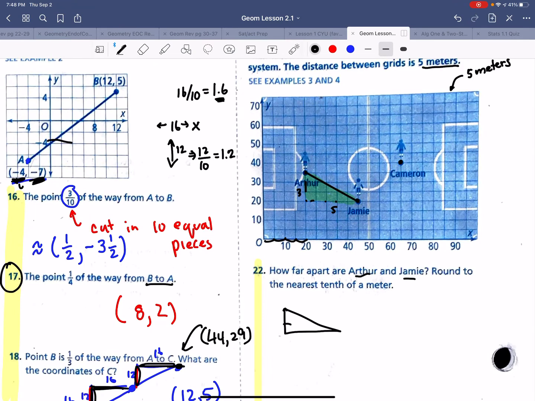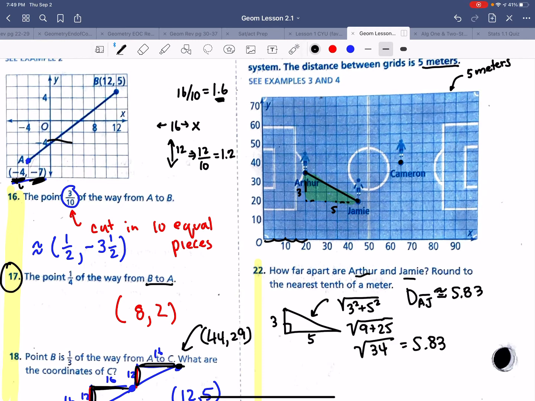So the distance between Arthur and Jamie has to be 3 squared plus 5 squared, and take the square root. So the square root of 34 is 5.83. It's approximate though, I'm approximating.